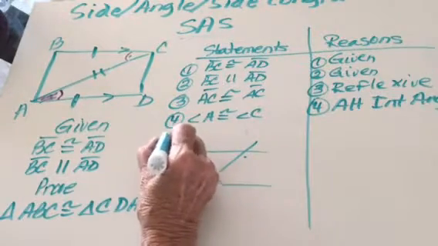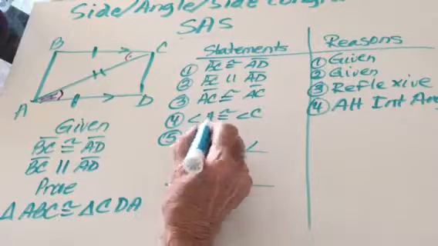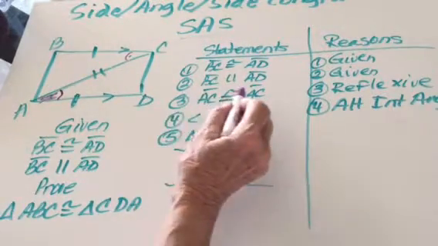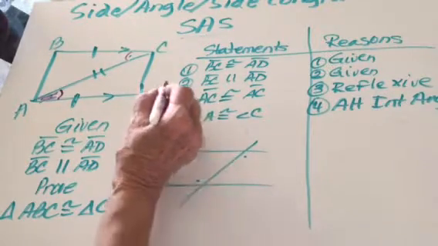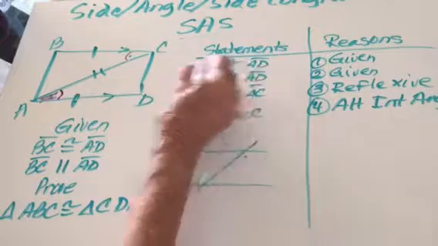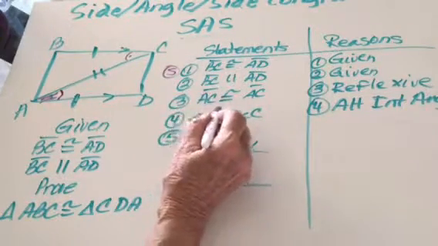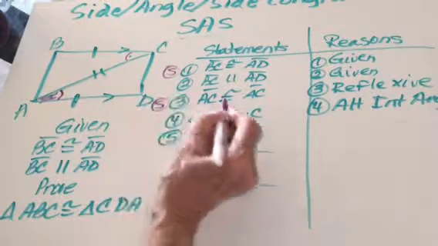And number 5, by the way, excuse me, I forgot something here. On this one, you're going to write down for number 1, side, because you've got a side right there. Here, you're going to write down another side, right?